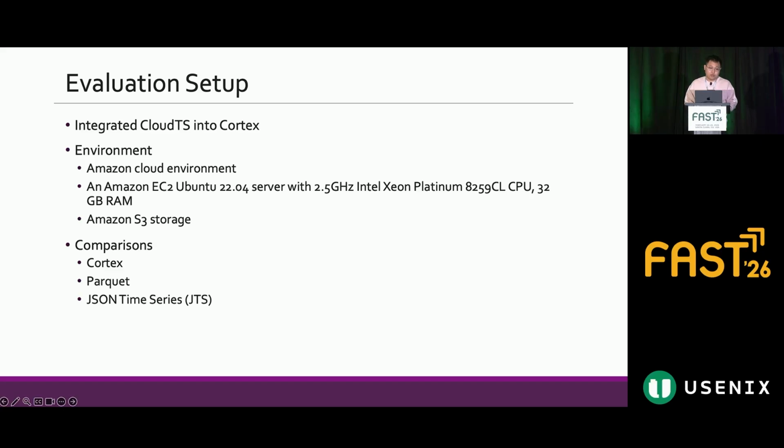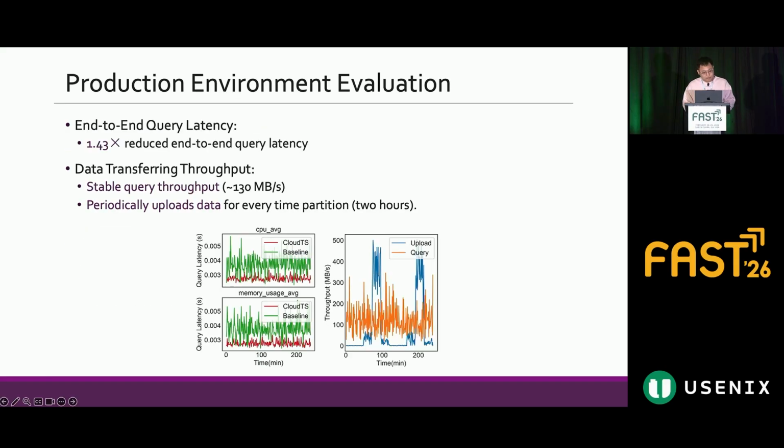So we integrate our CloudTS into the Cortex, and the evaluation is based on the Amazon Cloud environment, and we compare with the original Cortex method and some Parquet and JSON time series formats.